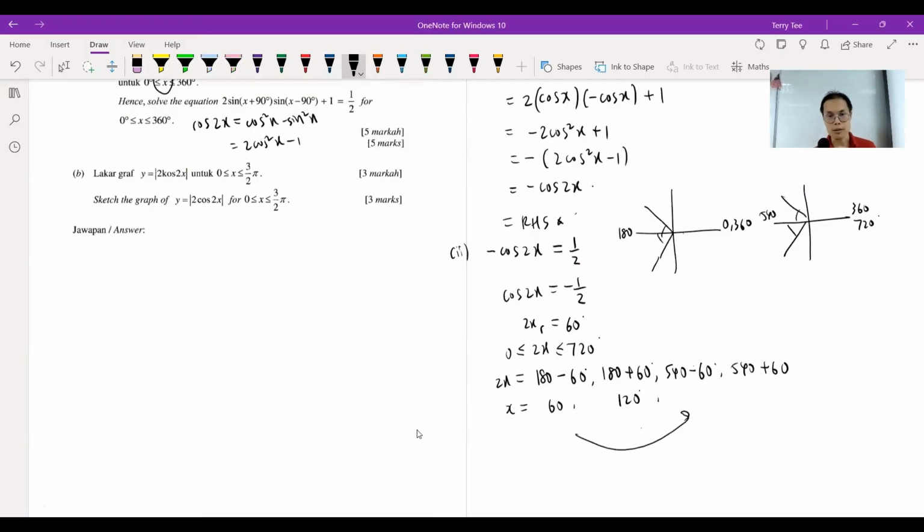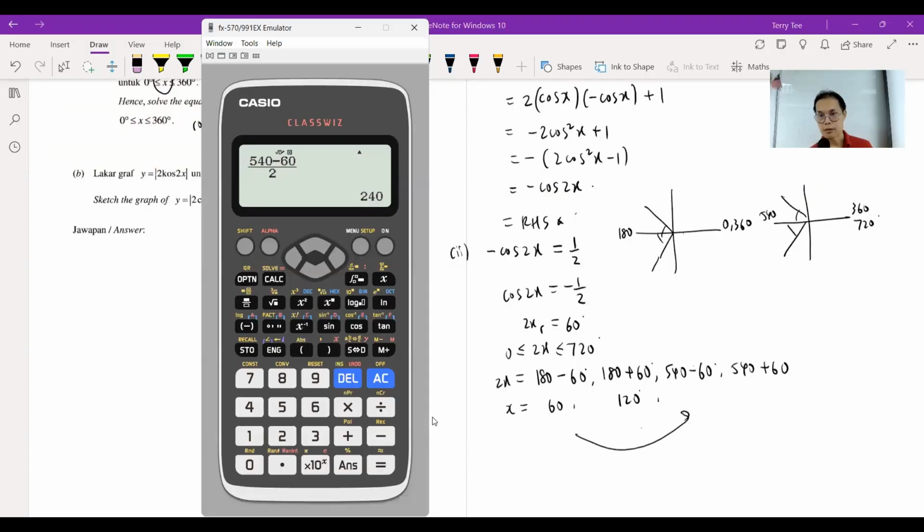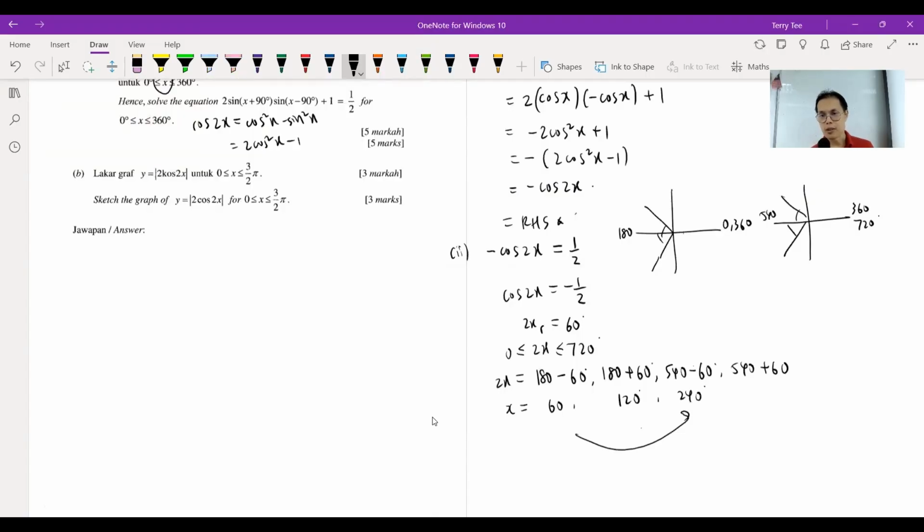So it's a lot easier, right? Just add 180. The reason why you add 180 is because the difference from the first cycle to the second cycle is 360. But because you have a 2x, you got to divide by 2. So if I take 120, I plus 180, this will be 300. So you don't really need to use a calculator, just add 180. All right, so I'm done with A Roman 2.